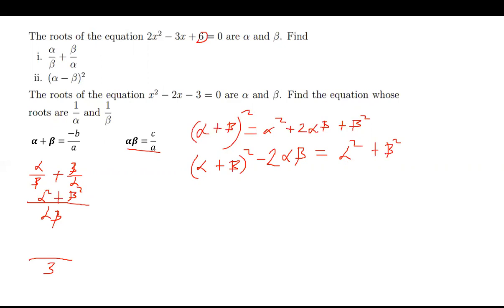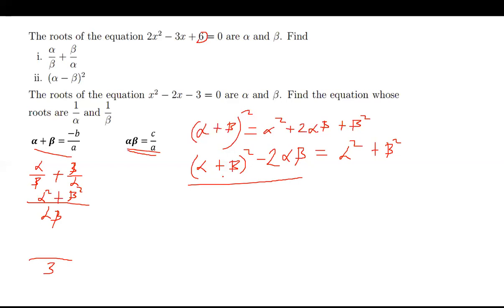So meanwhile there's alpha squared plus beta squared, we can replace with this, because in this expression I know to say I have my alpha plus beta, which is just this part, and then I also have my alpha times beta, which is just this part.